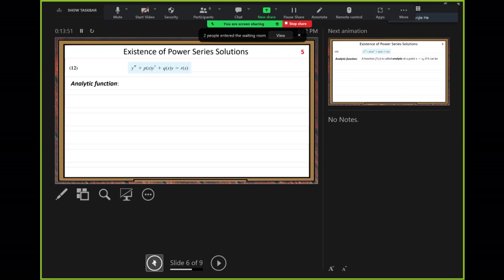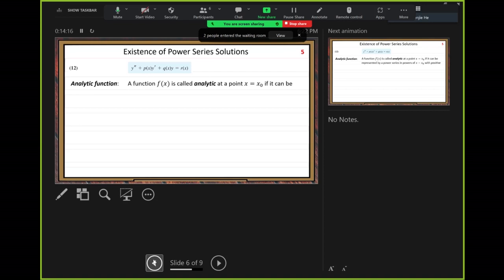Before we look at the theorem, we need to learn this concept, the analytic function. Let me explain what an analytic function is. Here we require these three functions, P, Q, R, to be analytic functions. Let me give you the definition first.